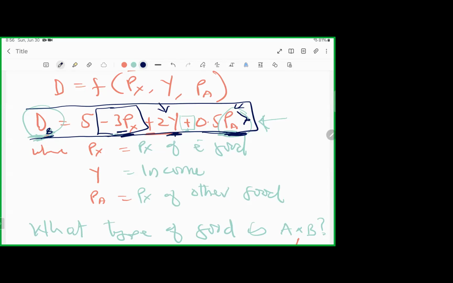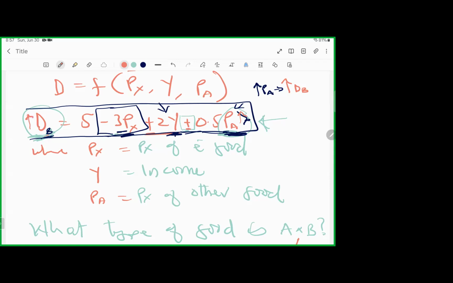Now, if we have this coefficient, which is positive, you will see that an increase in the price of the other goods leads to an increase in the demand for the other good. Remember, the coefficient is positive, which means if there is an increase in price, this demand will also what?